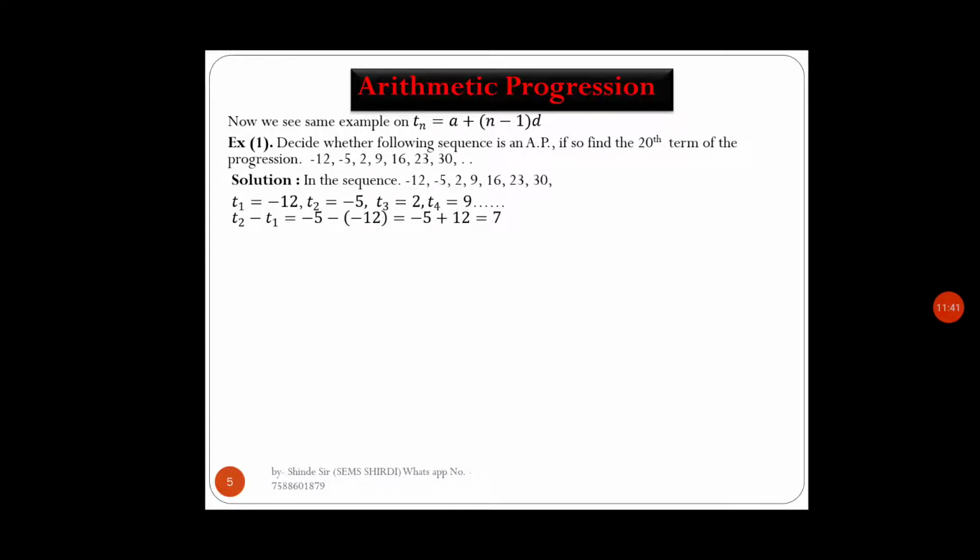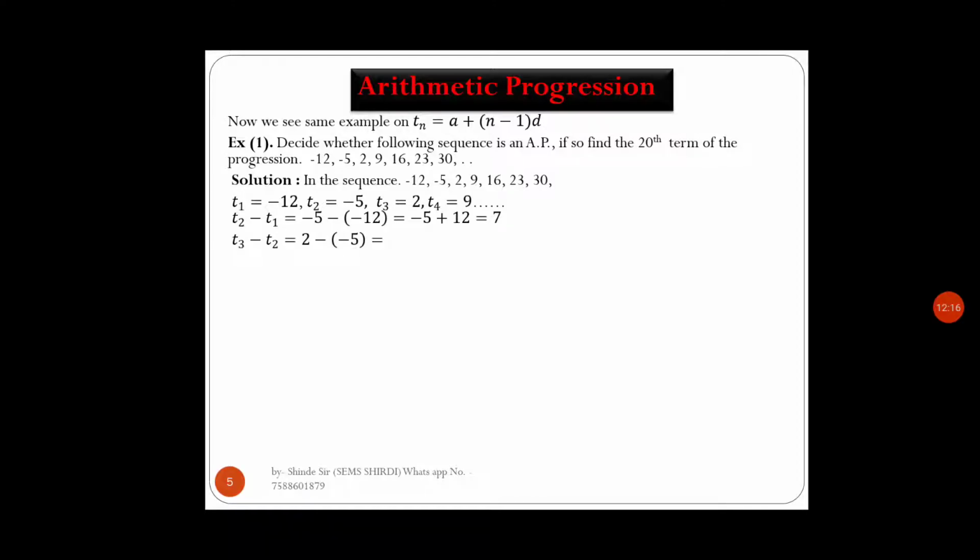Now to find the difference between two consecutive terms, T2 minus T1 is equal to minus 5 minus (minus 12). Minus minus becomes plus, so we get minus 5 plus 12, which is 12 minus 5, 7, and we give the sign of the greater number, 12, which is plus, so we get 7.